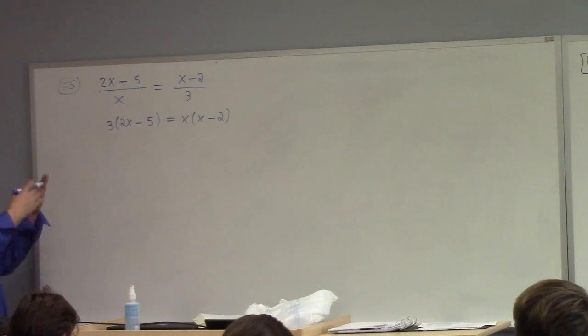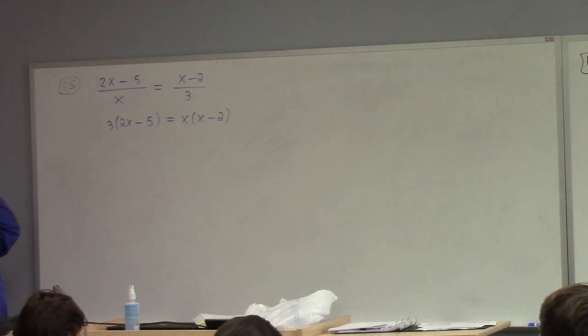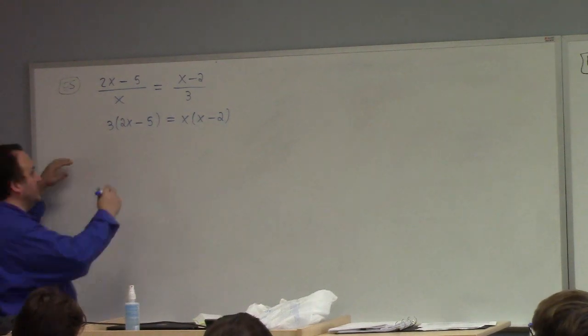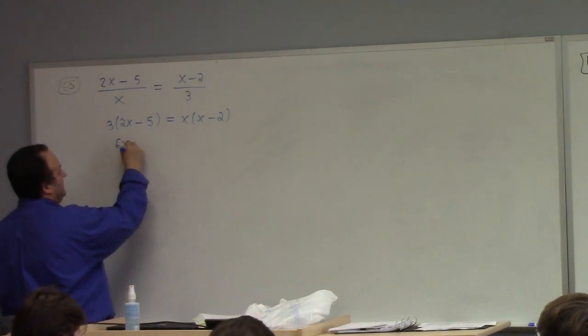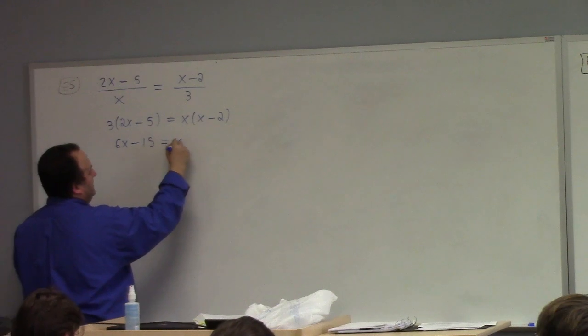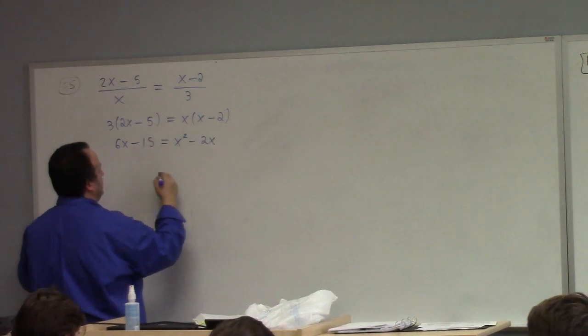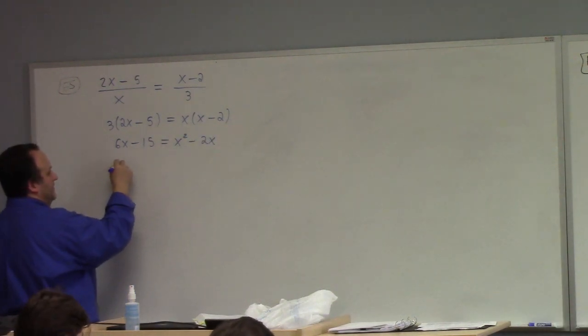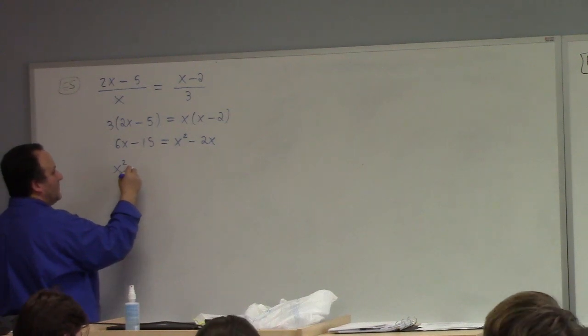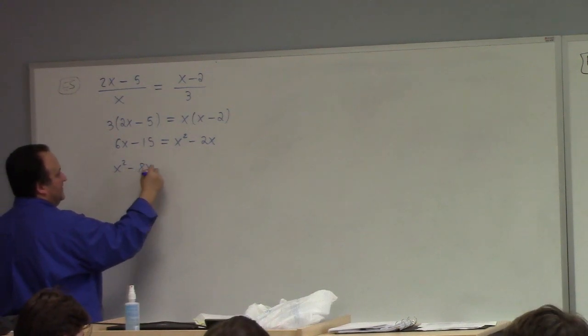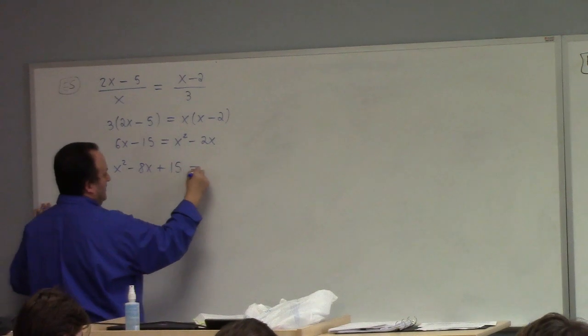This is cross multiplication. And then how do you solve this? Well, work it out, right? So this is 6x minus 15 is x squared minus 2x. Aha, so this is x squared minus 8x plus 15 equals 0.